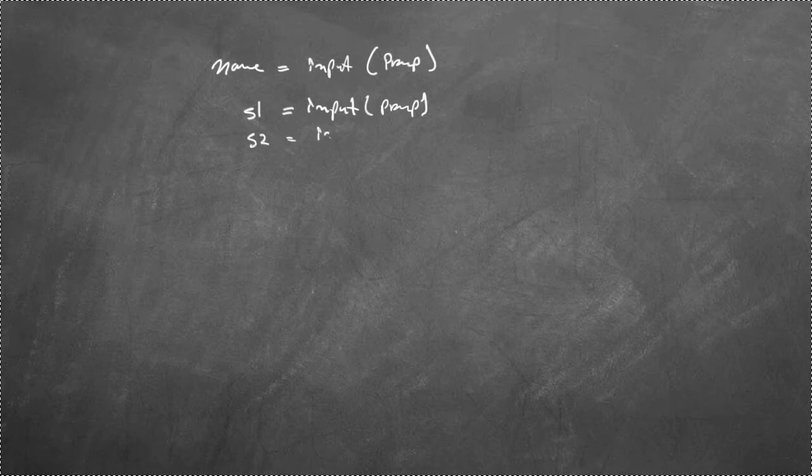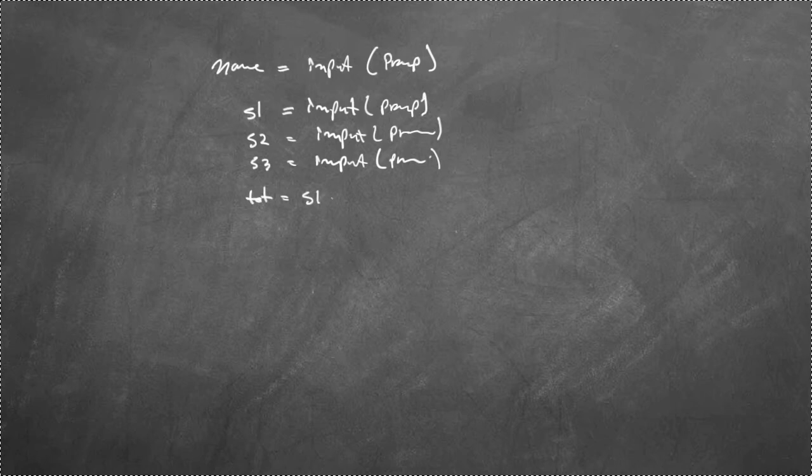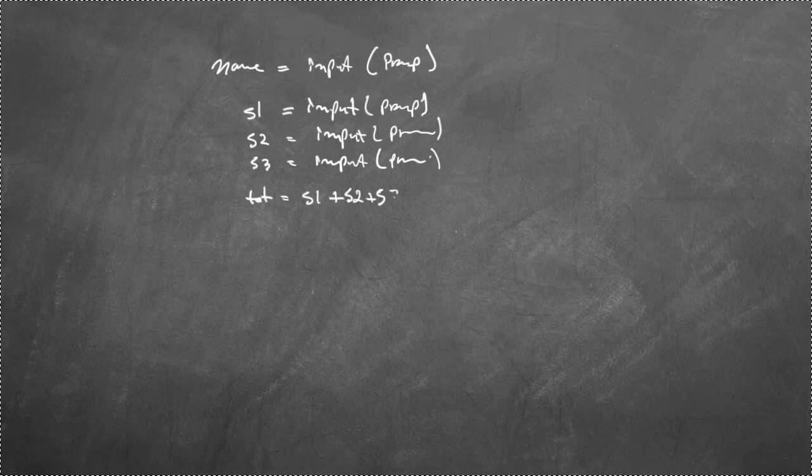S2 is going to be equal to input, prompt. S3 is going to be equal to input, and then some prompt. And then what they'll do is they'll say total is equal to S1 plus S2 plus S3. And then they're going to eventually just say average is going to be equal to total divided by 3.